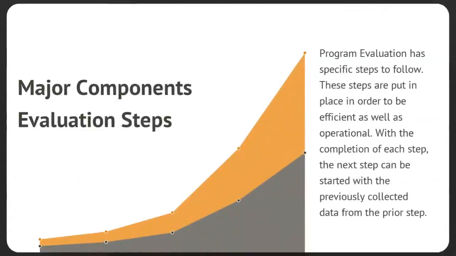So, some of the major components that are related to program evaluation. Number one is the evaluation steps. Program evaluation has specific steps that you have to do in order to move on to the next step. And each time you're doing one step, you're gathering information and putting data where it needs to go in order to fulfill all of your necessary points before moving forward.